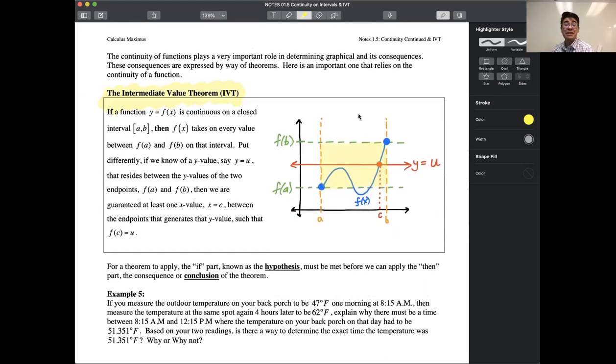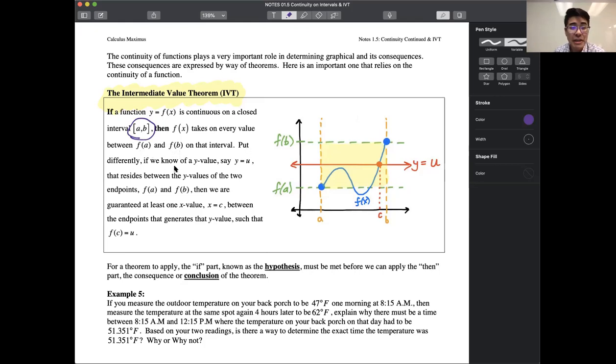Okay, this one's for IVT, the intermediate value theorem. There's maybe 5 theorems that you just want to have on your paper. I'll read this out loud and then I'll give you an example. It says if the function is continuous on a closed interval, then f of x takes on every value between f of a and f of b.